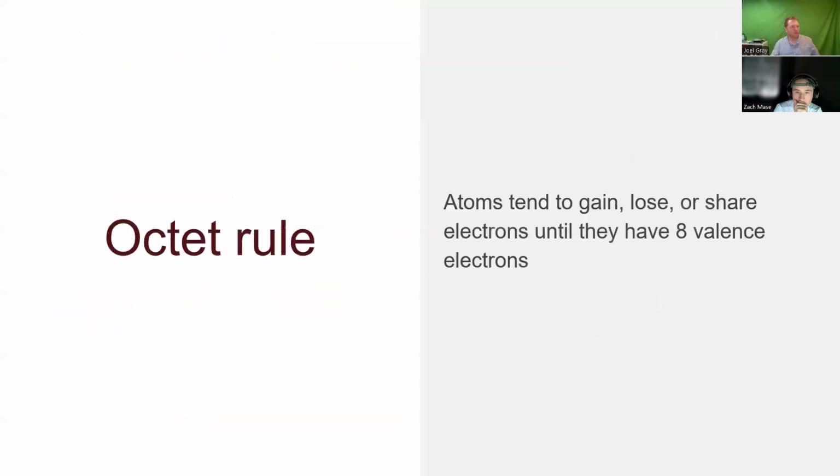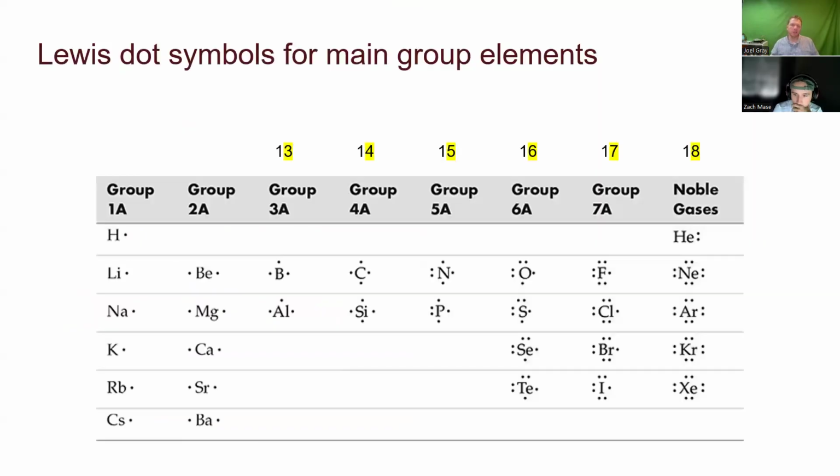Let's go ahead and move to the next slide. Our octet rule, we talked about this last time. Atoms tend to gain, lose, or share electrons until they have 8 valence electrons. These were the common Lewis dot symbols that we looked at. This shows all of those main group elements and the number of electrons that are drawn in their Lewis dot symbols.